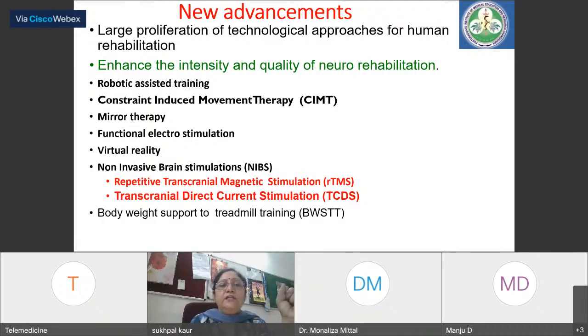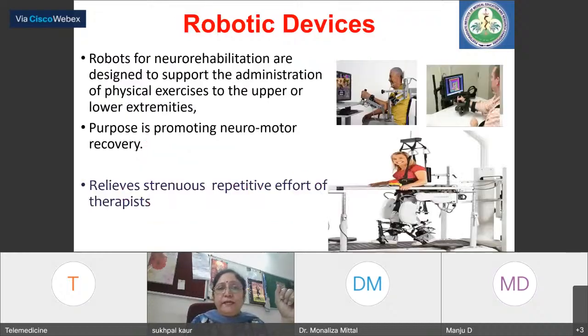So we know that there is a large proliferation of technological approaches for human rehabilitation, which have enhanced the intensity and quality of neurorehabilitation. So we can make use of robotics assisted training, constraint induced movement therapy, mirror therapy, functional electrostimulation, virtual reality, and non-invasive brain stimulation, which includes repetitive transcranial magnetic stimulation and transcranial direct current stimulation, and body weight support treadmill training.